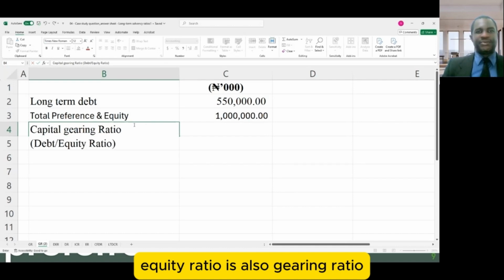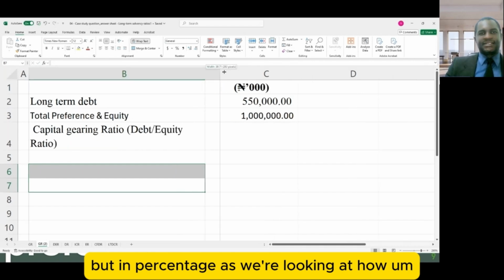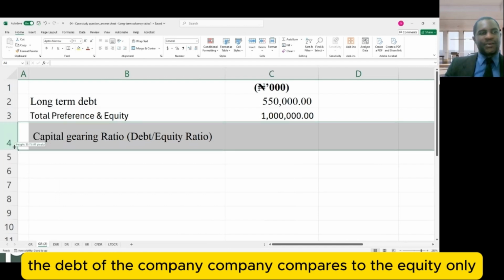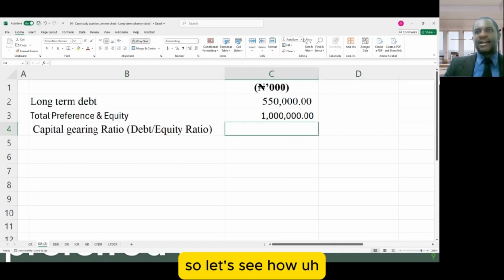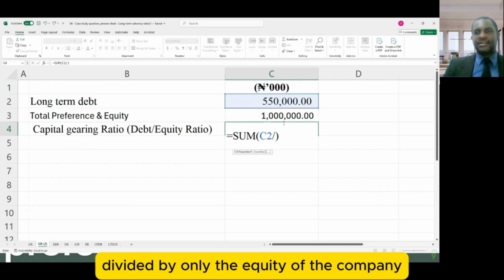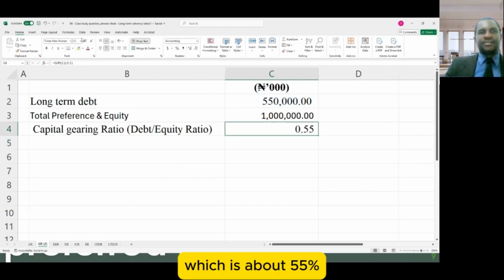It's also a gearing ratio, but in percentage, because we're looking at how the debt of the company compares to the equity only. So let's see the long-term debt divided by only the equity of the company, which is about 55%.